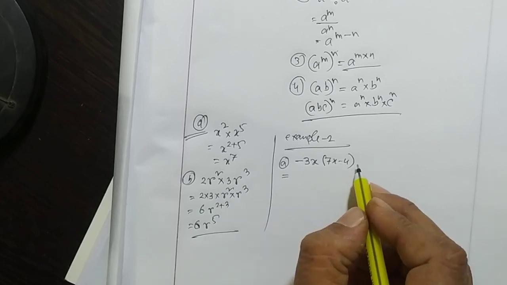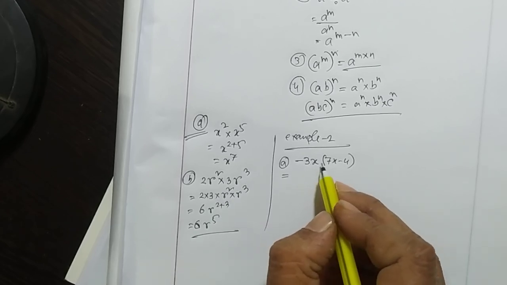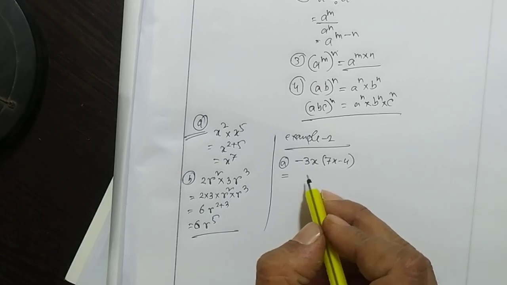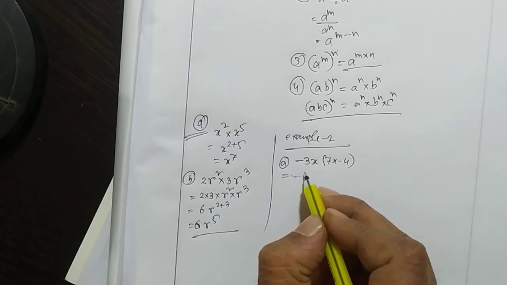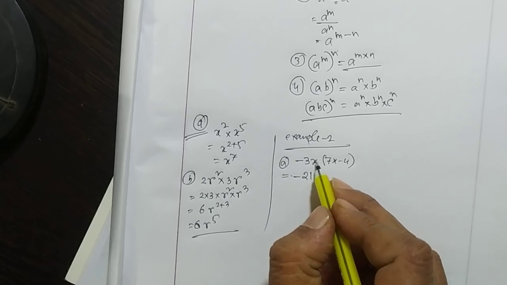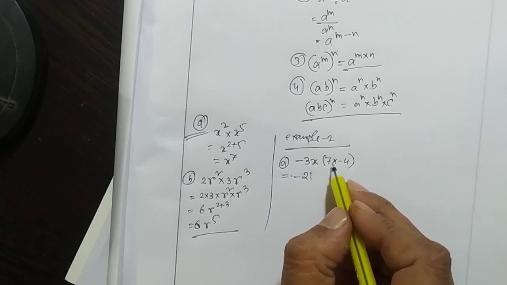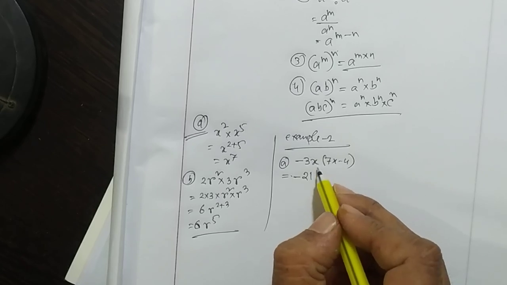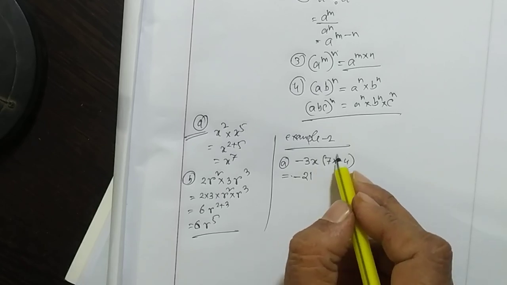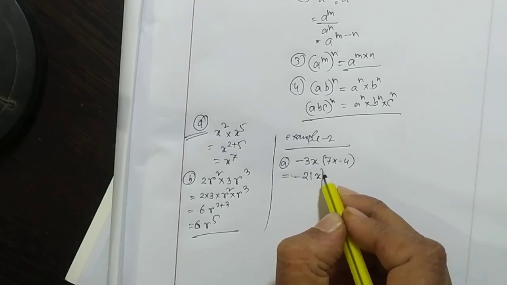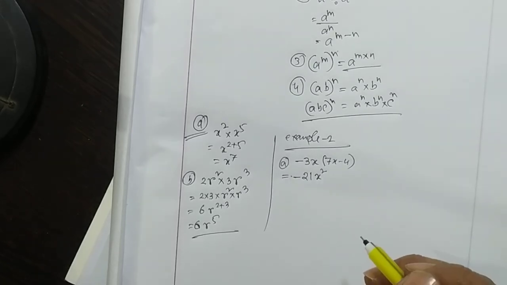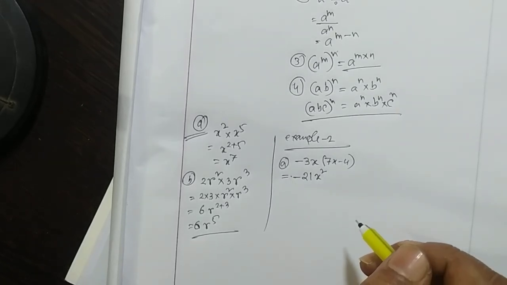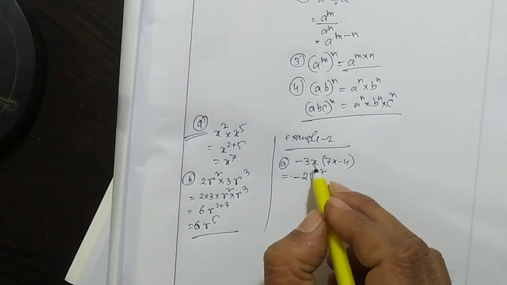That means we have to break the brackets. So first multiply this minus 3x with 7x. So minus sign, 3 multiplied by 7, that is 21, and x. Here the power of x is 1 and that x power 1, so directly we can write x to the power of 2, but we call sometimes x square.